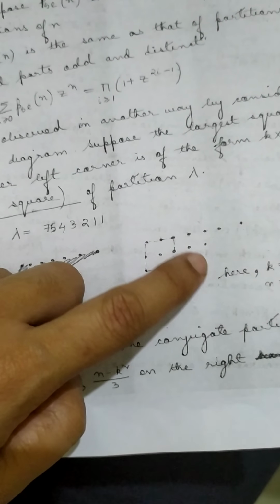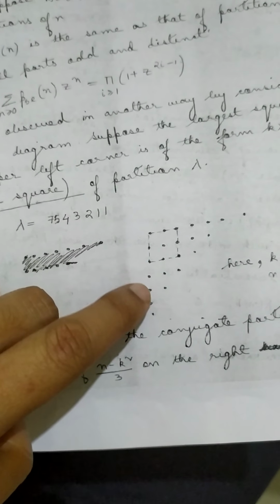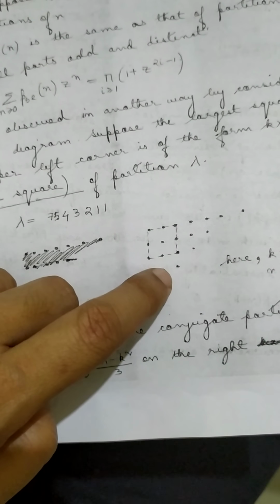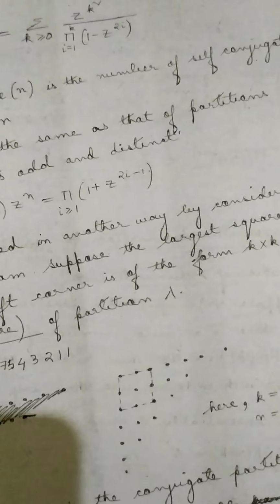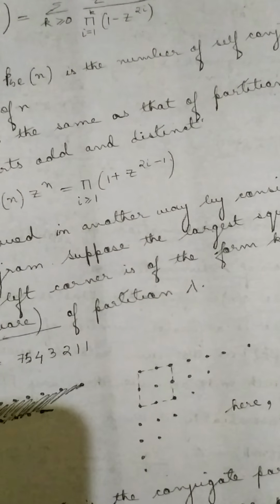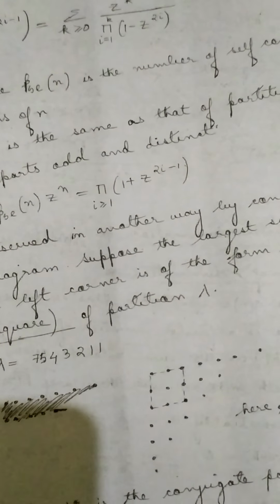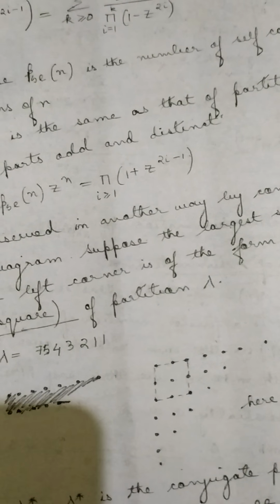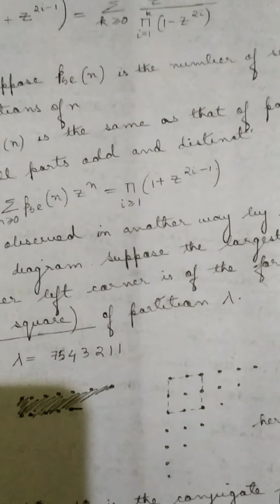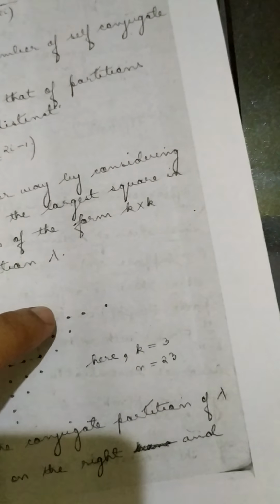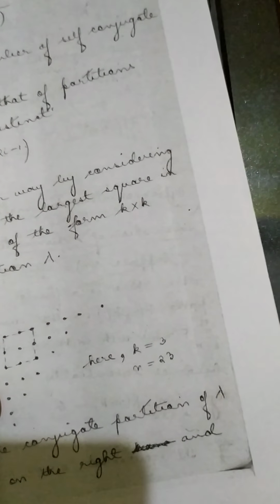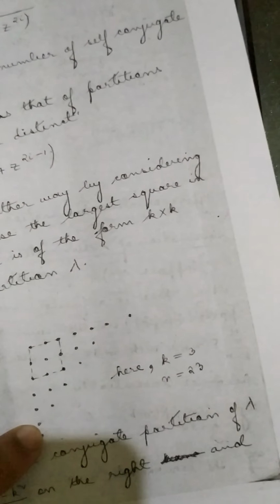Here there are 3 parts, and here also there are 3 parts. So they contain at most k parts. It is easy to notice how this contains at most 3 parts. It may be less than 3.